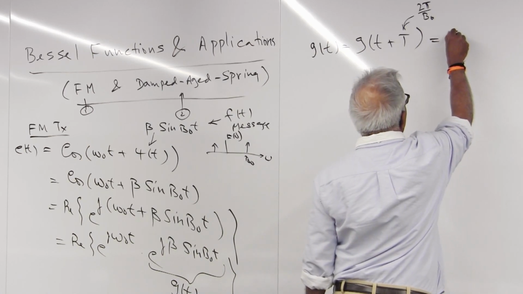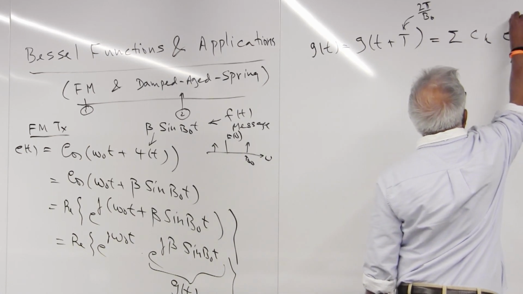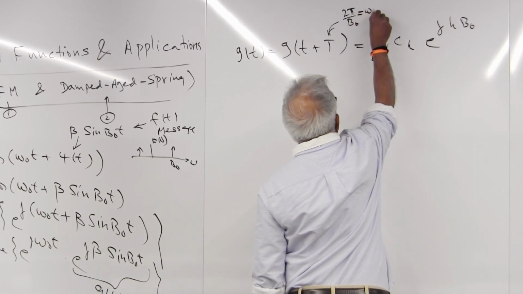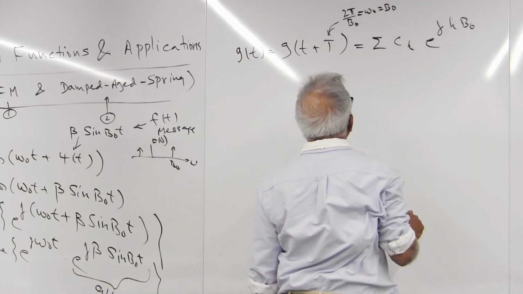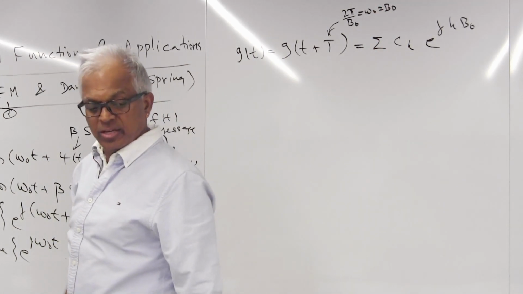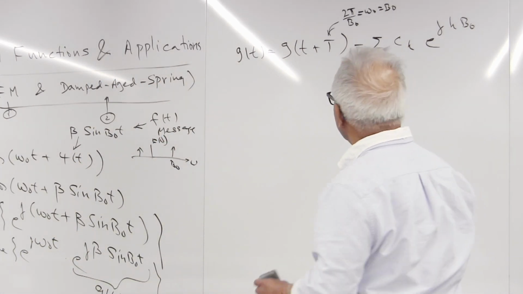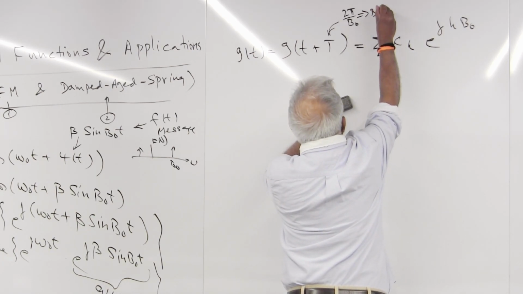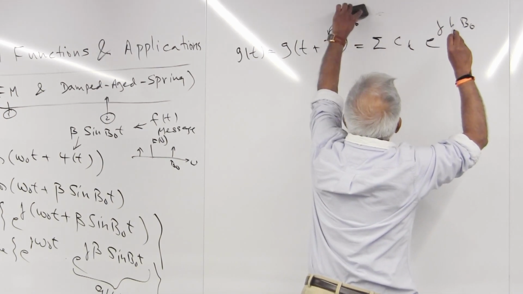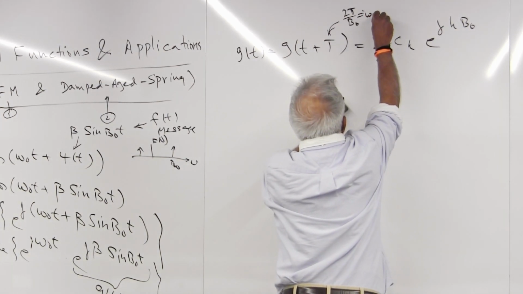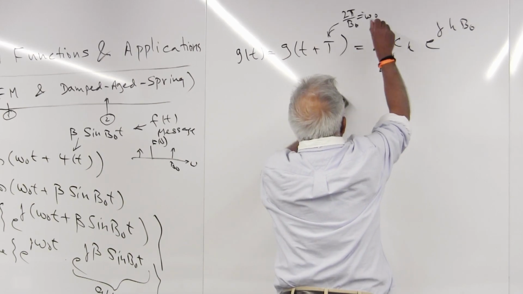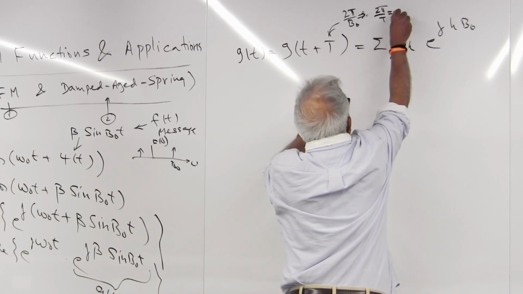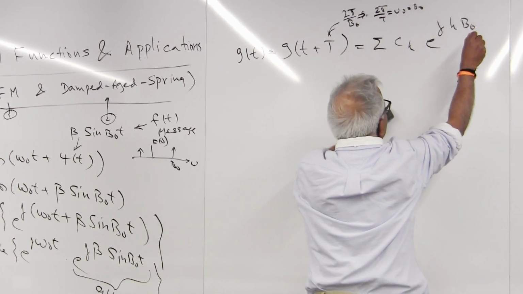So we can do a Fourier series expansion, e raised to jk omega naught t, where omega naught is 2 pi over T, which happens to be b naught.